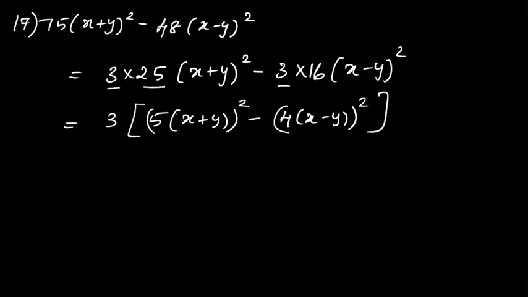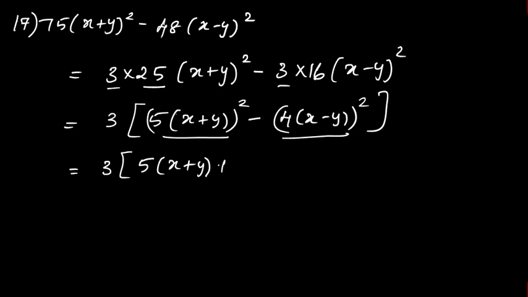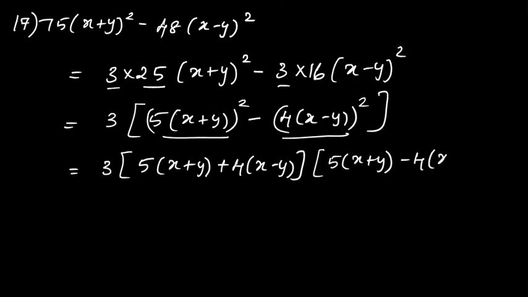So now this is of the form a square minus b square. So expand this using the formula, we get 5 into (x + y) plus 4 into (x − y), and similarly 5 into (x + y) minus 4 into (x − y).